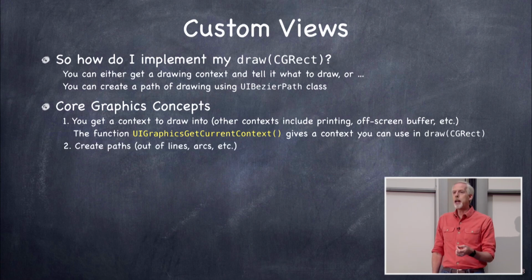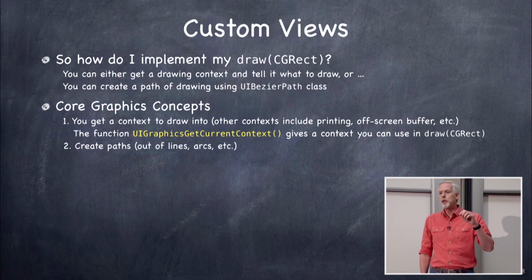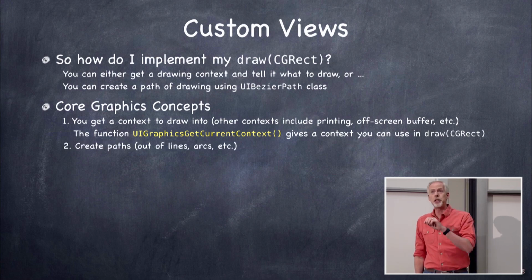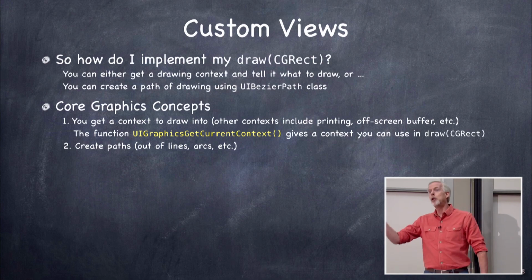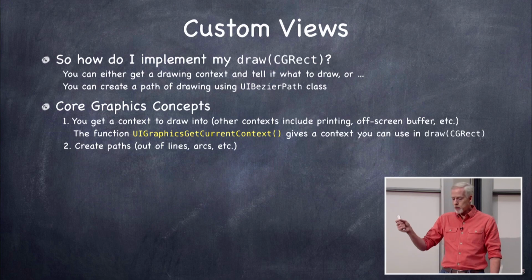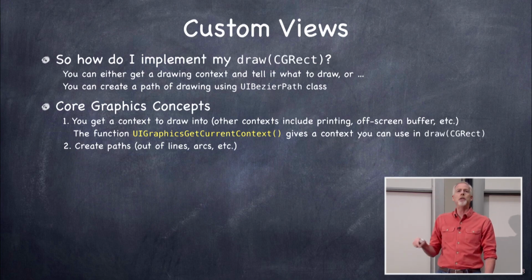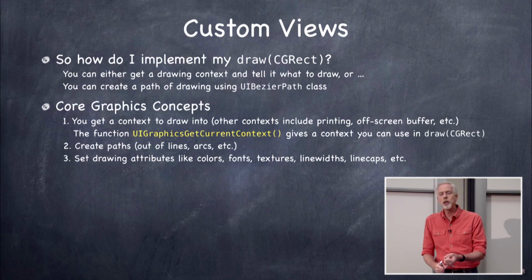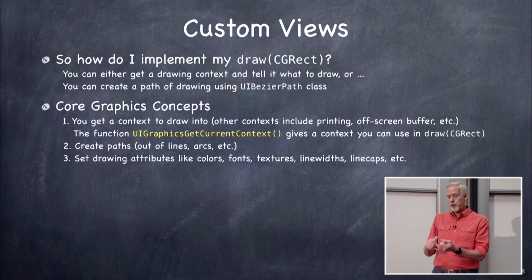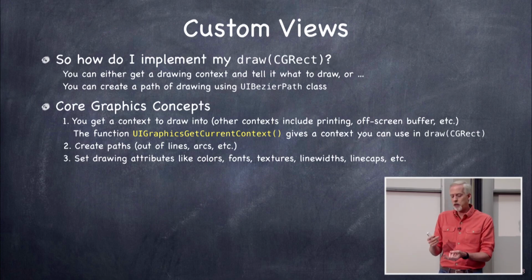Okay, once you have the context, now you use the context to create what are called paths. Paths are just arcs and line-tos and then move-tos, which is like jump over a little bit. It's just a combination of all those. That is what a path is. So you're going to build some path. Then you're going to set a bunch of drawing attributes like the color you want to draw in, any fonts, that's kind of a drawing attribute.